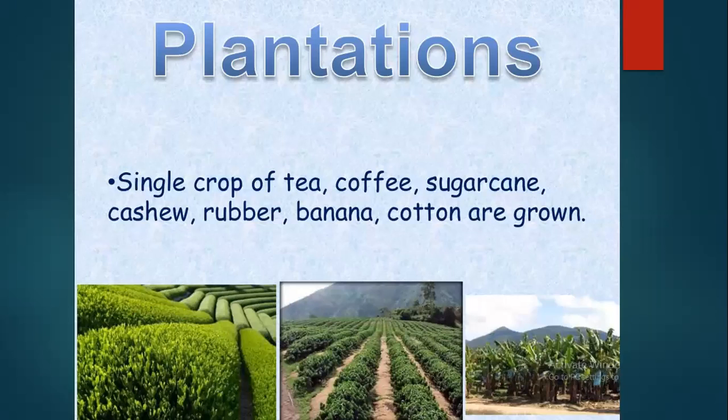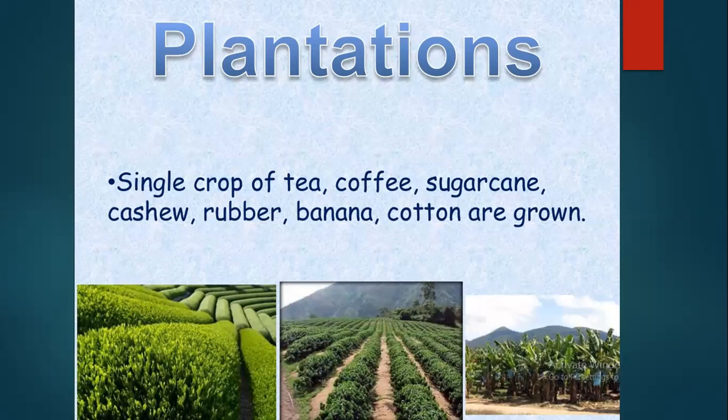You can see in the picture a single crop of tea, coffee, sugarcane, cashew, rubber, banana, cotton. They are grown in these plantations.